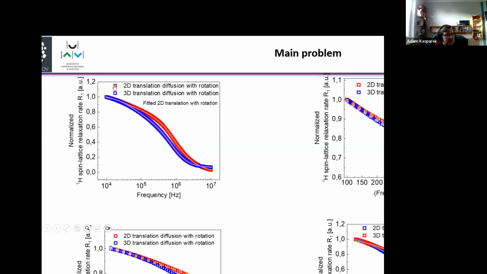The red ones are 2D translation diffusion with rotation, and the blue ones are 3D translation diffusion with rotations. Why did I do this? To show you that if I try to fit the model to the wrong data, because they are generated and we know how they were generated, despite that, I was able to fit this result very, very well.